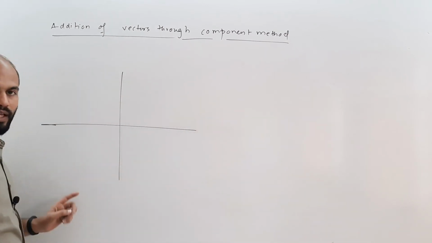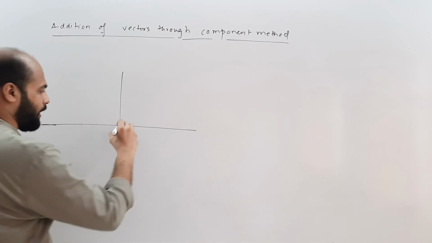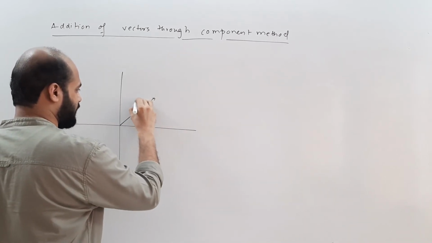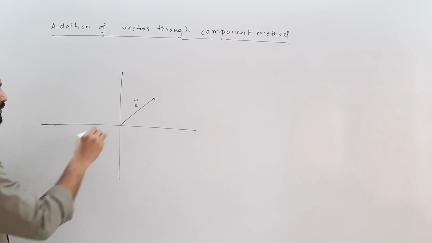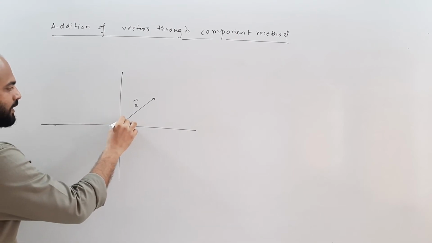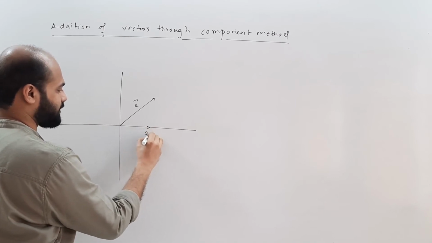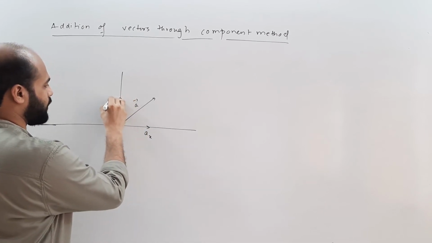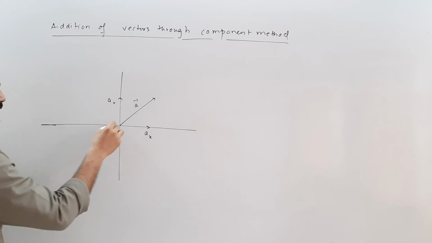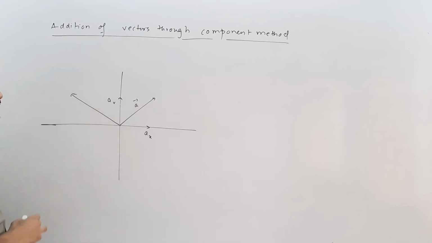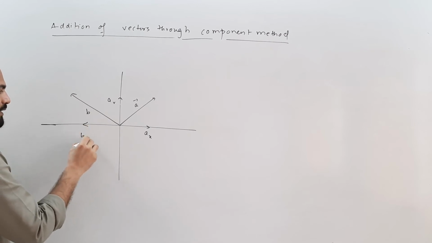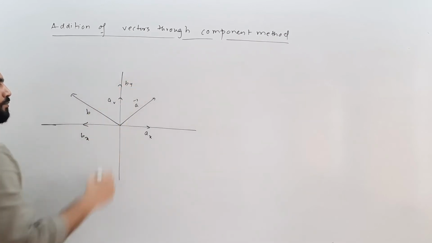Let's say that this is the xy plane and this vector is a bar, and let's say that its x component is ax and y component is ay. This vector, let us say, is b bar and its x component is bx and y component is by.